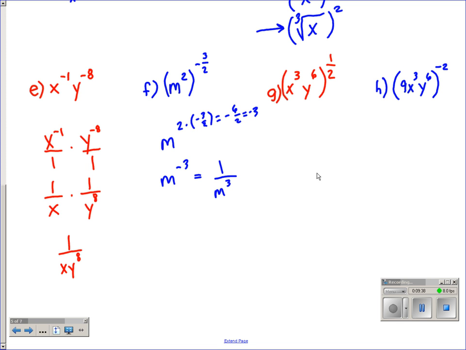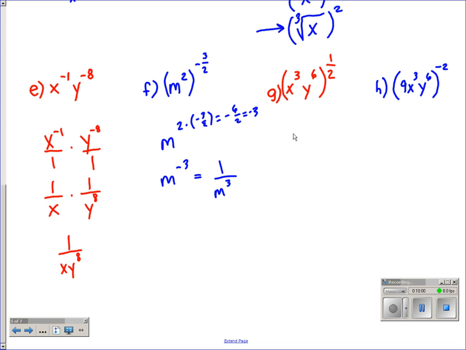For g, we have x to the 3rd, y to the 6th, raised to the 1/2 power. Now we could look at this as raising each one of these to the 1/2 power like we did on the one before, or we could use another method.